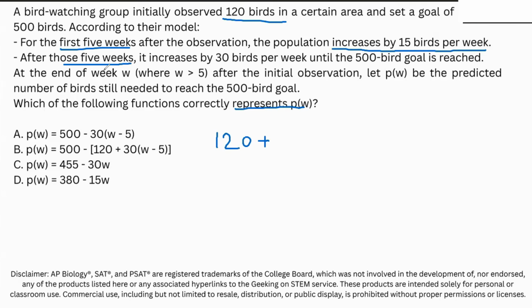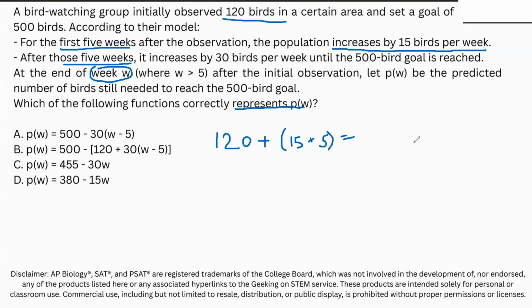W is our representation of weeks, so we have 15 times W. In this case, we know the W is 5, so I'm going to replace that with 15 times 5.